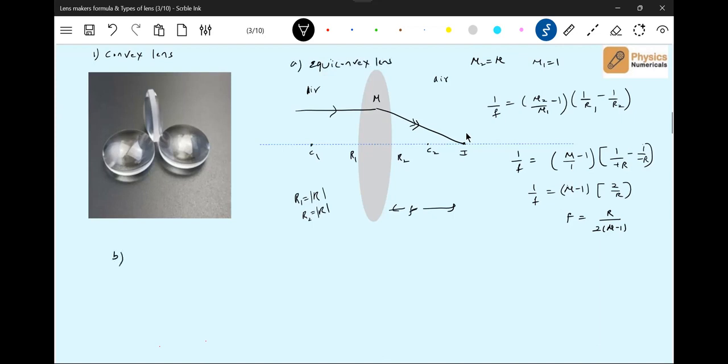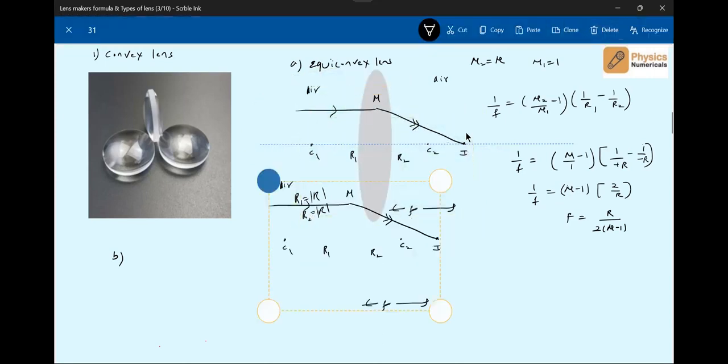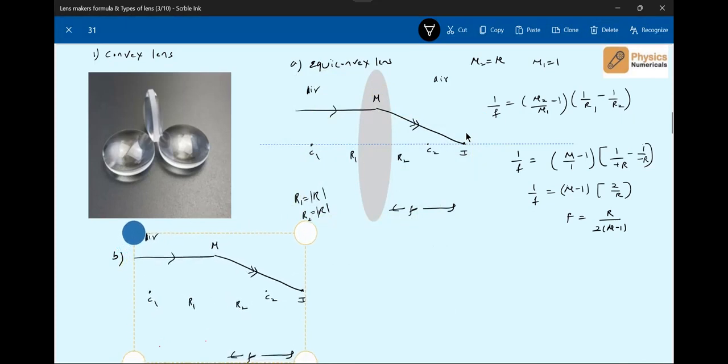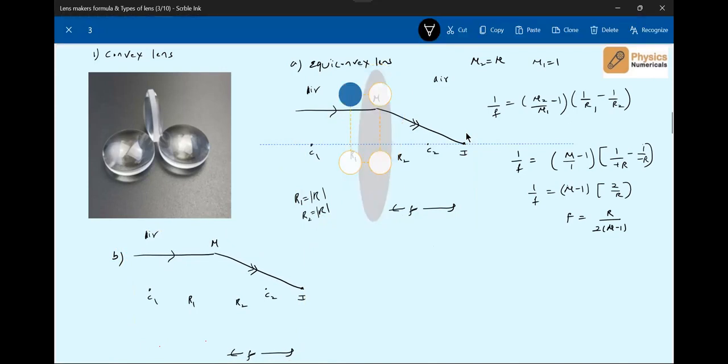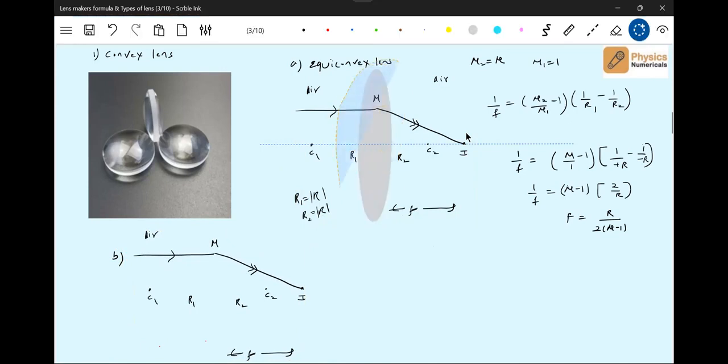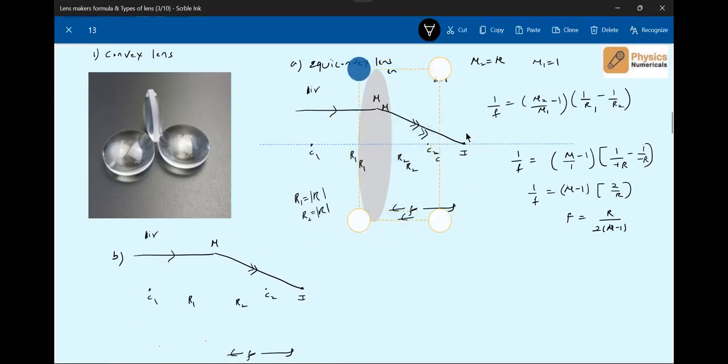Next, if the radii of the surfaces are not equal, then what has to be done? I'll do one thing.